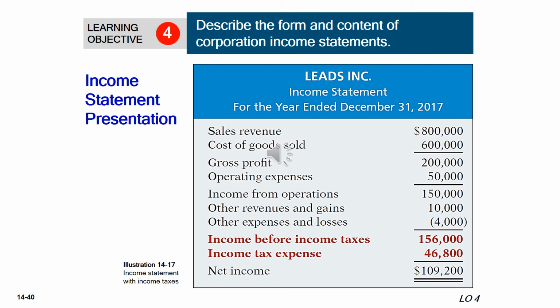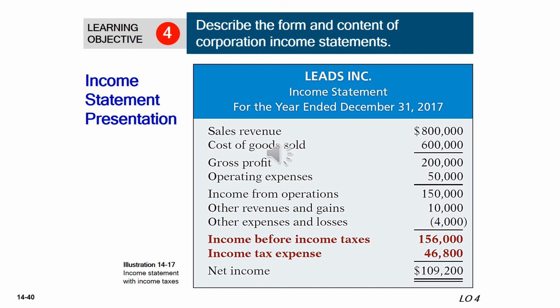As we know, we're going to begin this with the sales revenue. This company had $800,000 of sales revenue, and then we're going to take out cost of goods sold, in this case 600,000. That's going to give us a gross profit of 200,000. Now we also subtract operating expenses. We have 50,000 in this case, and that's going to give us the income from operations of 150,000.